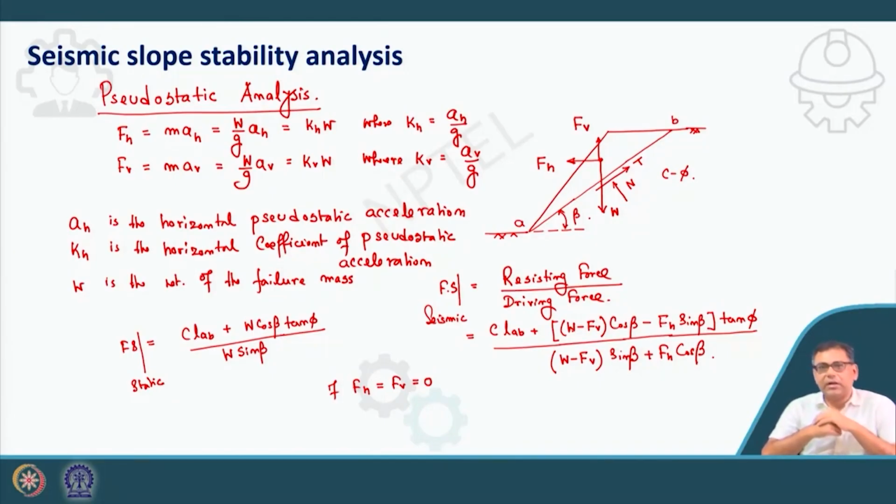But it is not mandatory that you always put FV equal to 0. It does not mean that FV does not have any effect. It has an effect, you can consider it, but FH has a significant effect as compared to FV.